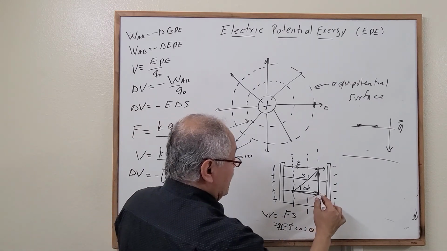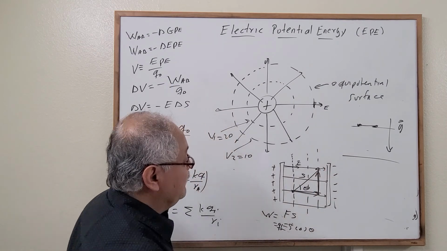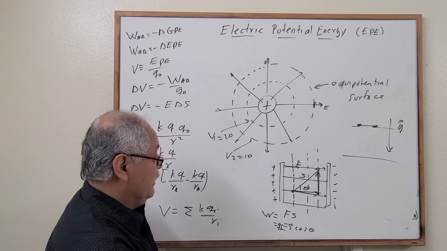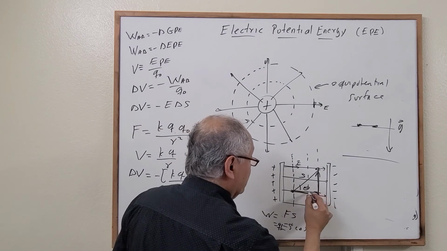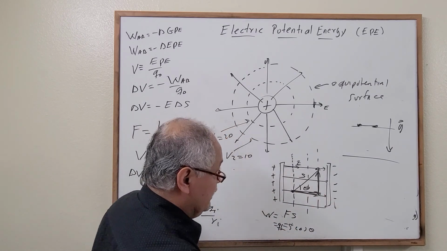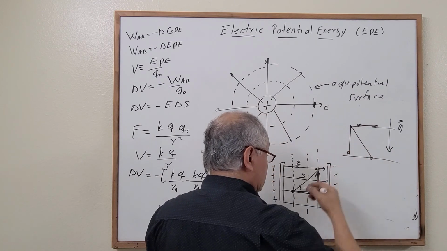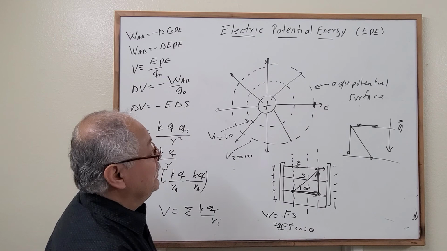So in this case, because the angle is 90, it's going to be 0. Only this component is acting. It's like in this case, right? When you're moving from here to here, only this component is acting, which is cosine.